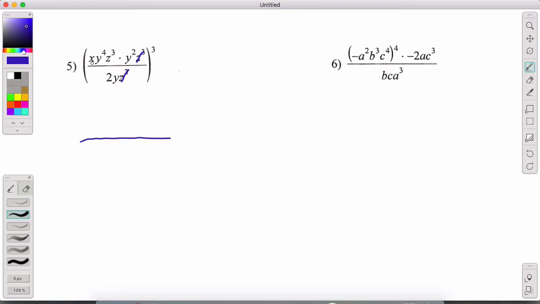Next step, combine. We have an x. We have 4 plus 2 y's. And we have 3 z's. All of which to the third power.